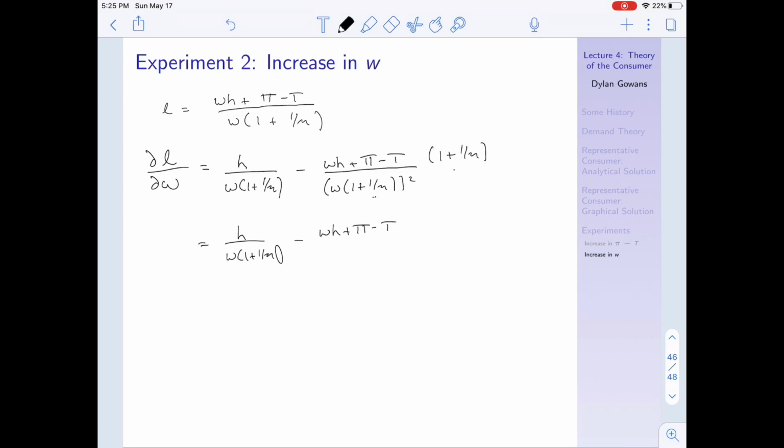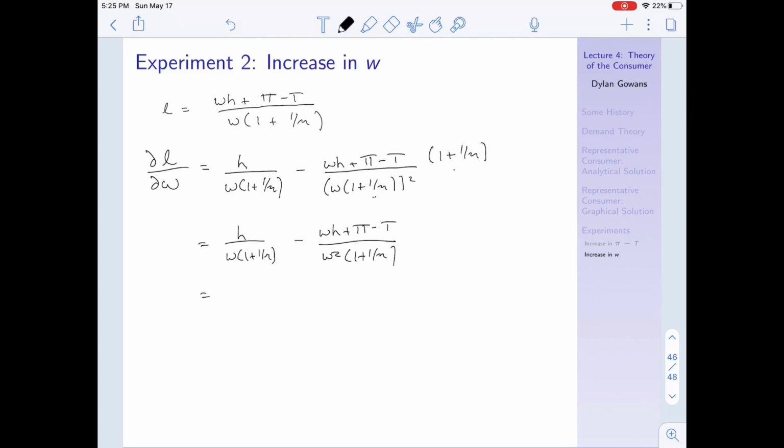Almost there. So now we have w squared times 1 plus 1 over eta. And now let's put both of these into common terms. The way we're going to do that is multiply the first term by w.